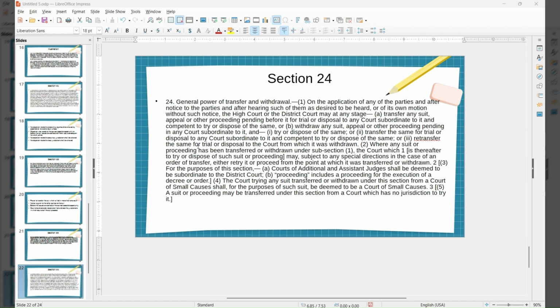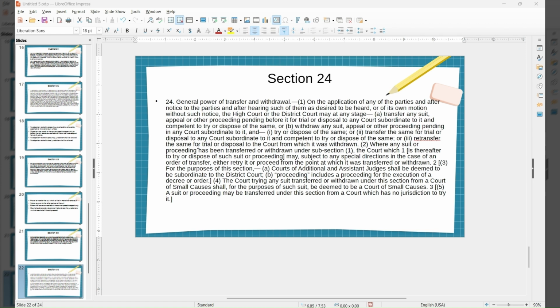So take court A and court B. Initially the suit was filed in court A, and the defendant made a transfer application, so the suit moved from court A to court B. Then one of the parties might have made an application to the higher court or the appellate court, which is a district court.